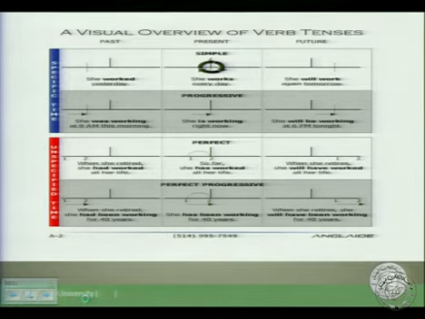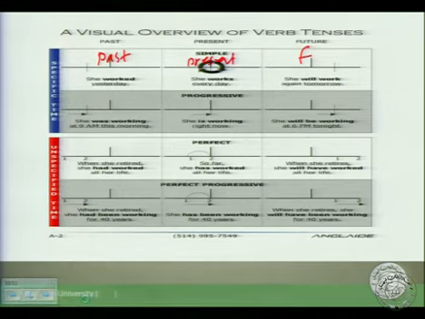Here we have some chart of the tenses for specified and unspecified time. Specified time, like the simple, here we have the past, and here we have present, and here we have future. So if you look at the chart, you would understand all the things that we have talked about.